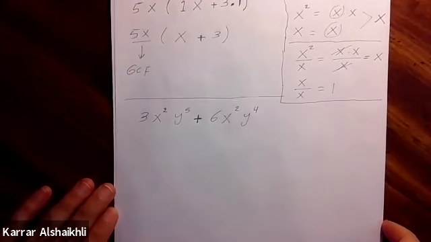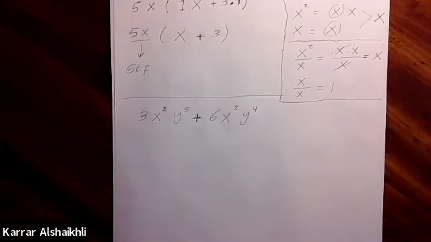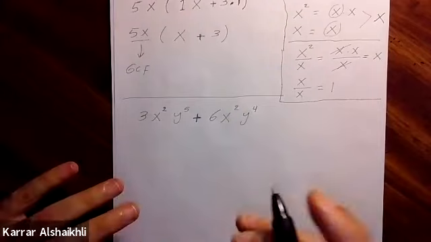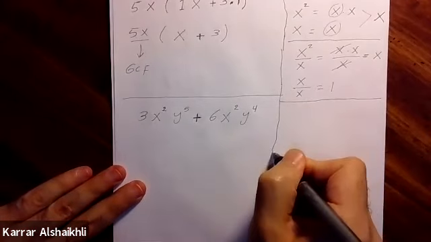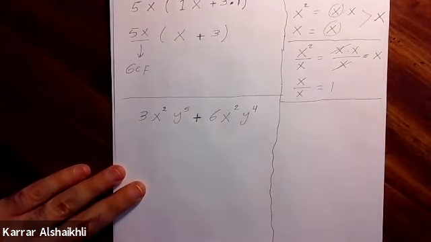Now we need to find the GCF. Always the first step, you have to check. If there is a GCF, you're gonna factor it out. If there is no GCF, you're just going to go to the next step. So let's find the GCF on this one. I'm gonna do the steps here on the side.